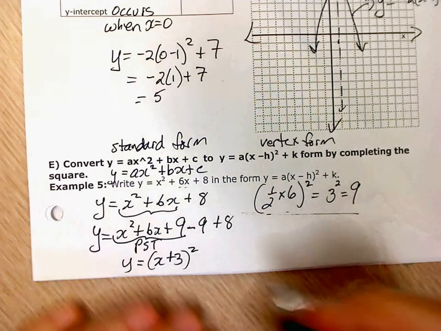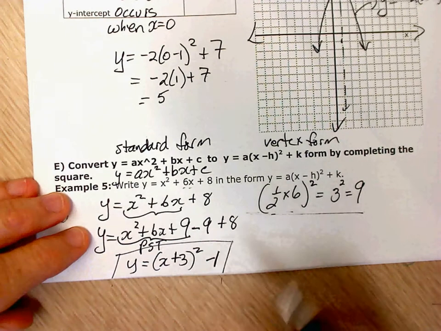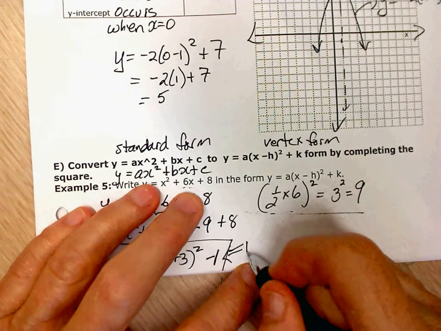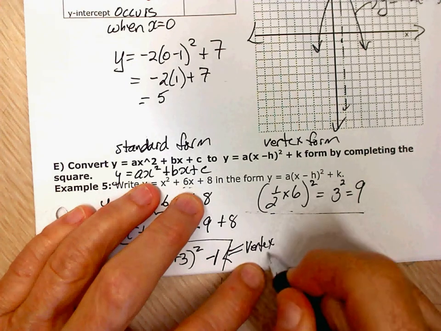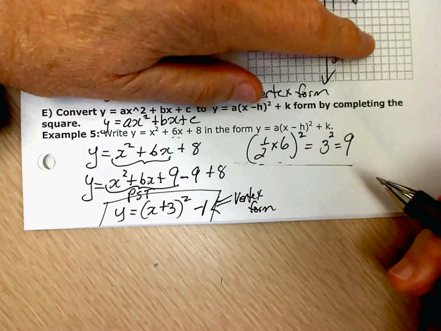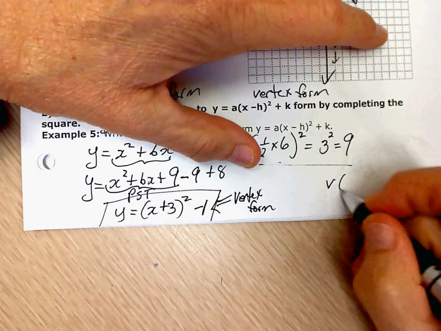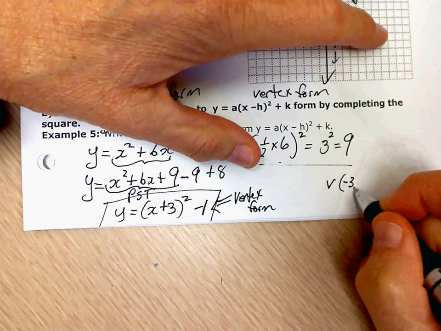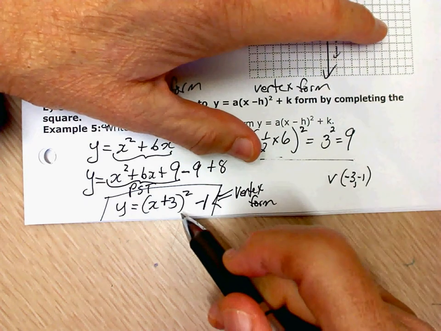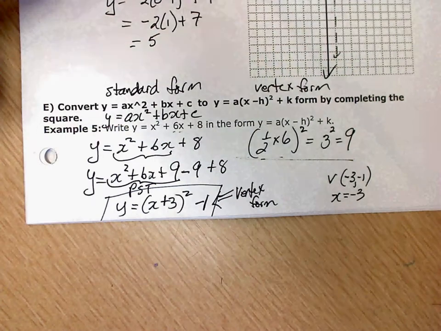There's the answer. This is vertex form. So remember, the beauty of it is we can pick off our vertex, which is negative 3, negative 1. We can pick off our axis of symmetry, which is x equals negative 3. That's our answer right there.